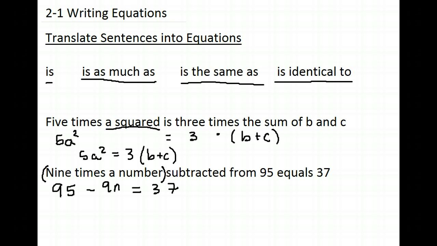We can also do this a little simpler. We can rewrite our sentence. We can say 95 less, which we know means subtraction, less 9 times a number equals 37. And that way we know the correct order to put it into. That'll be 95 minus 9n equals 37.